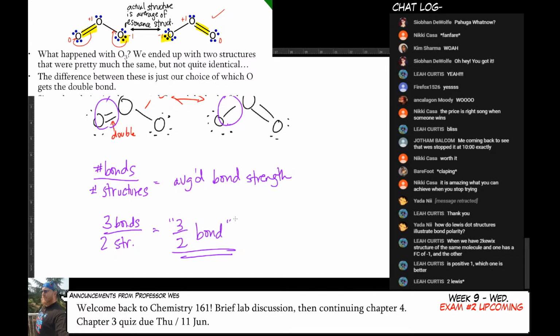So in the actual structure of ozone, so like the thing that exists, not like a picture, but if I had a molecule of ozone and I handed it to you, what ozone would look like was as if it had 1.5 bonds in each position, and not 1 bond on one side and 2 bonds on the other.